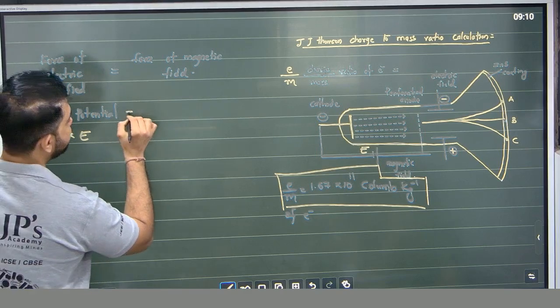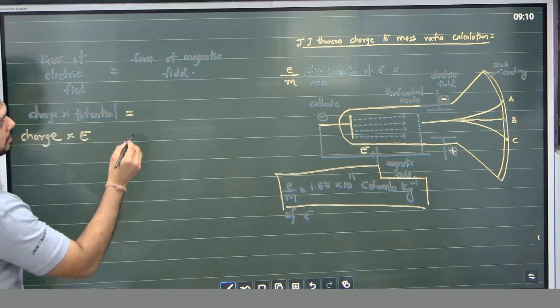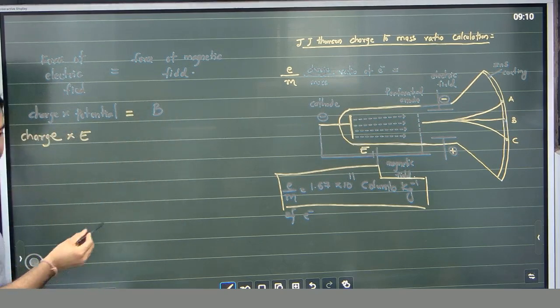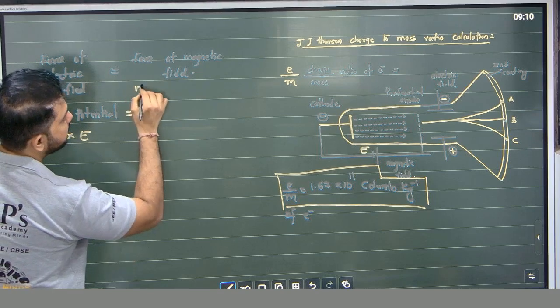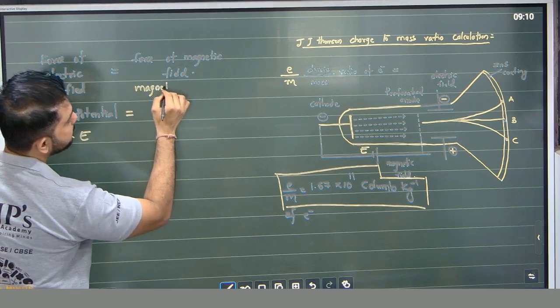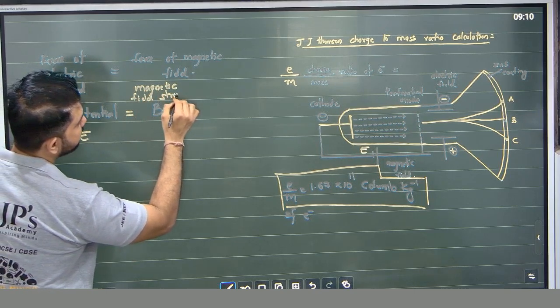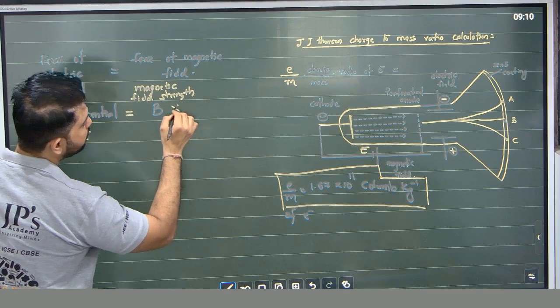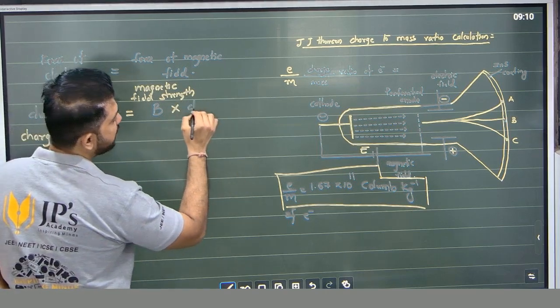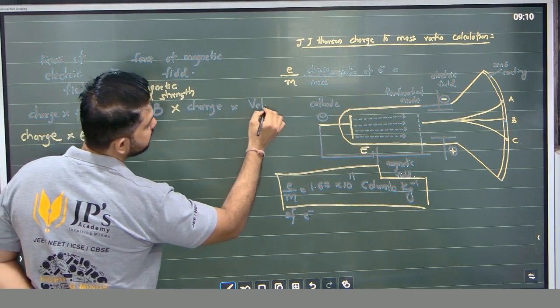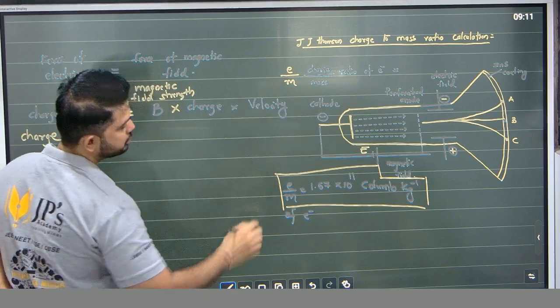Force of magnetic field is strength of the magnetic field, which is given by B. B stands for magnetic field strength, into charge, into velocity of the electron, velocity of cathode rays.